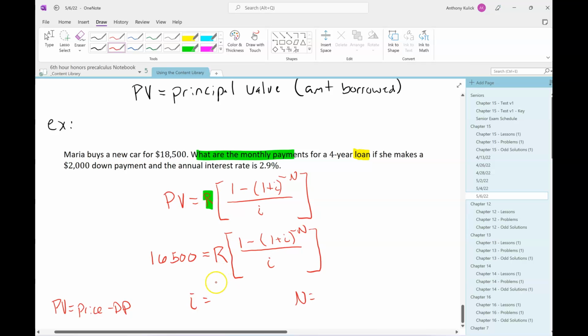To calculate little i, we need r, the interest rate, which is 2.9 over 100k. What's the k in this case? It's how often you're making your payment, so it's 12. And what's the little n then in this case? 4.